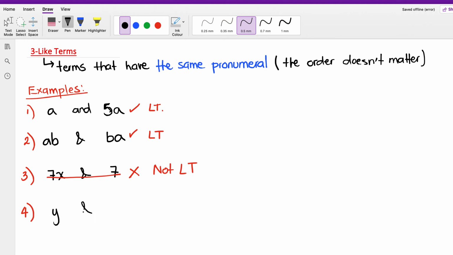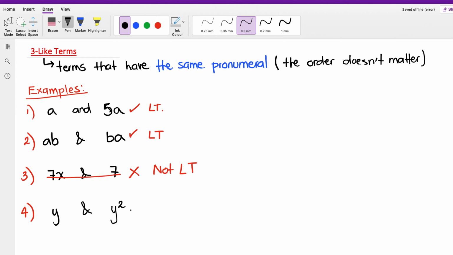y and y squared. Okay, what is the pronumeral that I have in the first one? So I have one y. What are the pronumerals here? You might say, only y, so they're the same. Is it only y? What does this little 2 mean here? It means that I'm multiplying y times y.